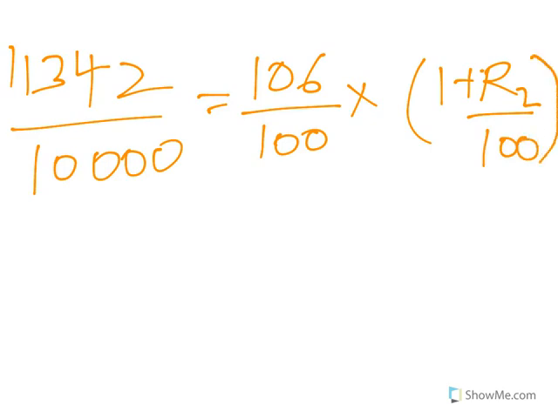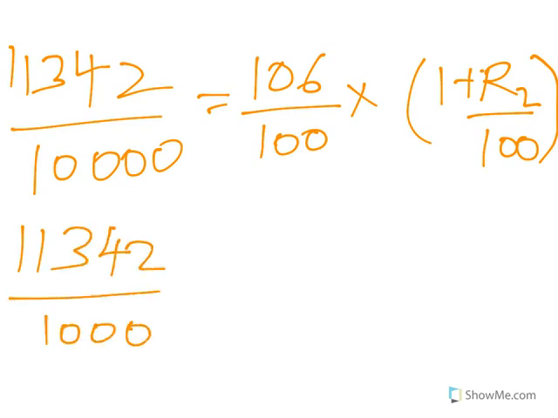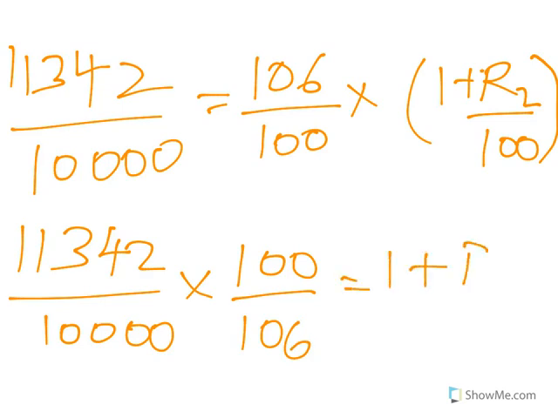Okay? So what I will do is I'll just write this one more time with a small change, times 100 divided by 106. This is equal to, again, 1 plus R2 by 100. So ready to divide.